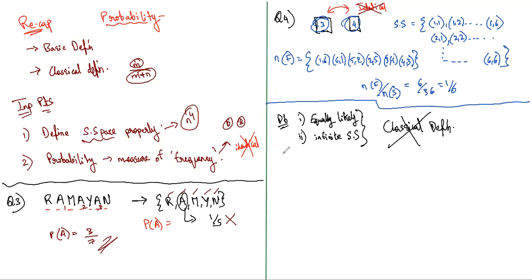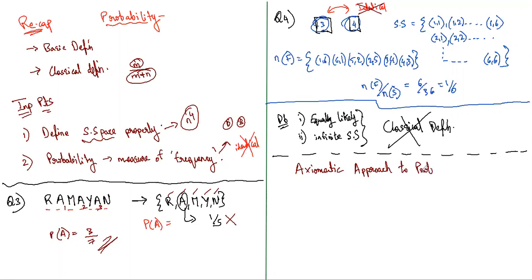Therefore, the mathematicians went ahead and introduced something called an axiomatic approach. It is a little theory, just listen. Don't worry too much. I'll tell you what to note down. They call the new definition the axiomatic approach to probability.